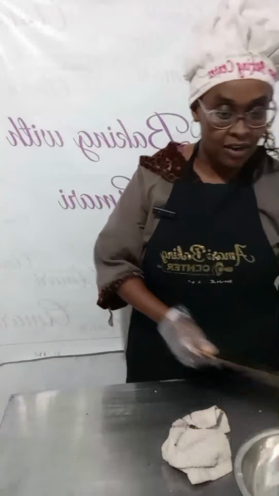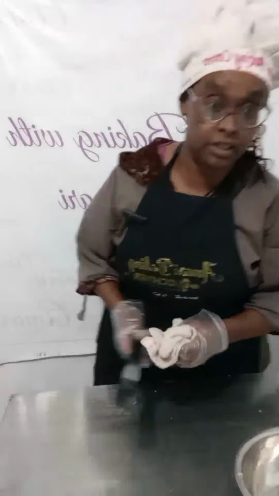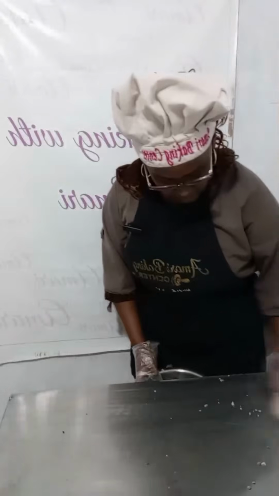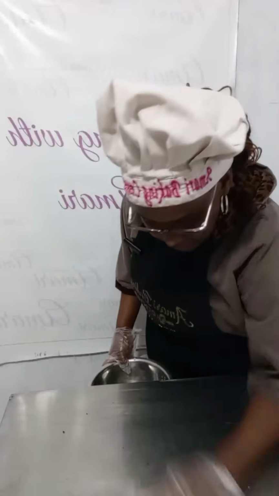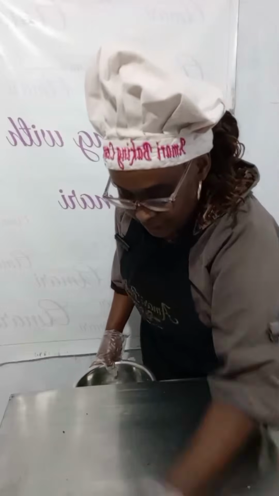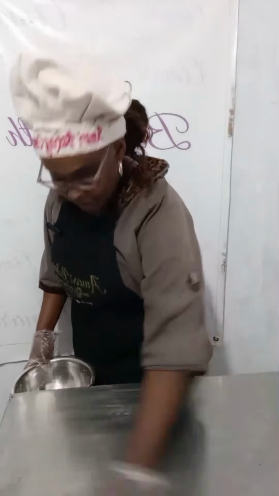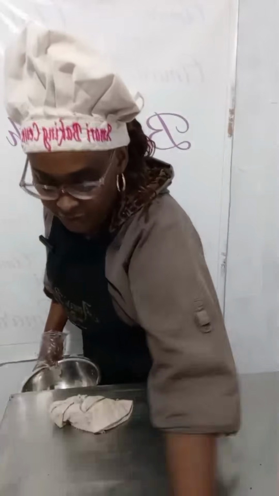I actually made this fondant yesterday so that when I'm applying it on the cake, it's just going to be perfect. So, create some space here and clean up so that I can knead my fondant and use it on the cake.